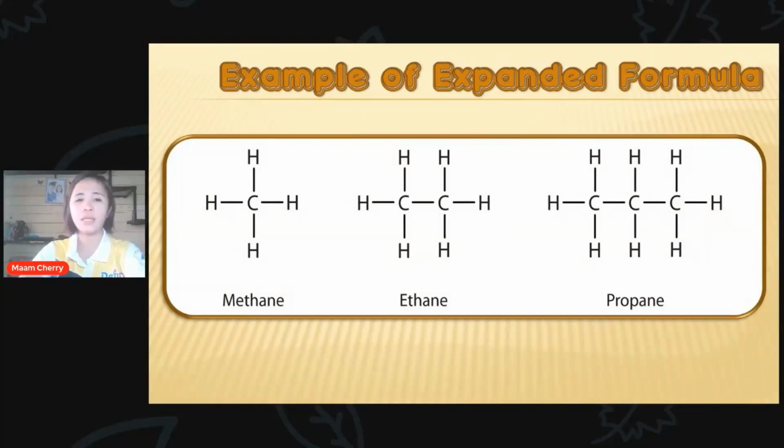Sa ethane naman kanina, 2 ang carbon, 6 yung hydrogen. 1, 2, 3, 4, 5, 6. Sa expanded formula, pinapakita lang kung ilan yung hydrogen at ilan yung carbon, para mas malinaw, mas mabilis maintindihan.